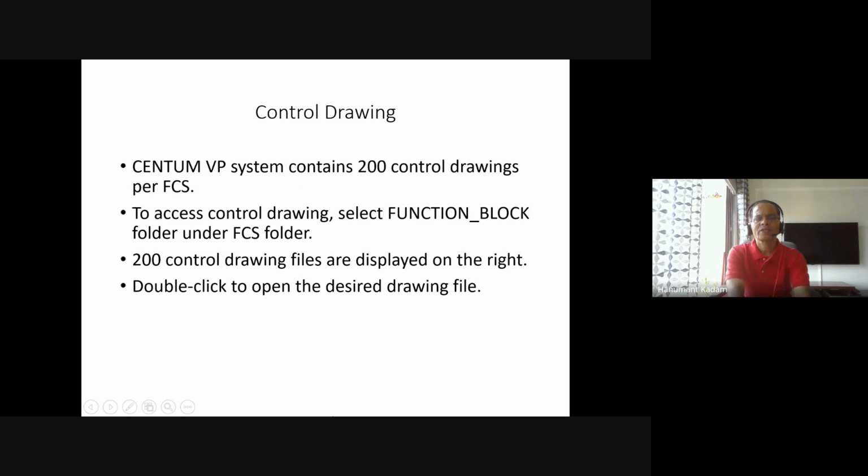So control drawings: Centum AP system contains 200 control drawings per FCS. To access control drawings, select the function block folder under the FCS folder. 200 control drawing files are displayed on the right. Double click to open the desired drawing file. So I will show the picture.